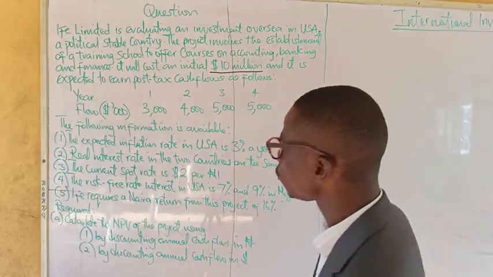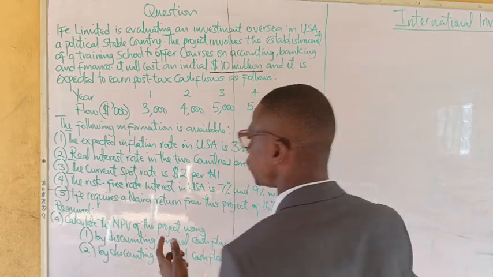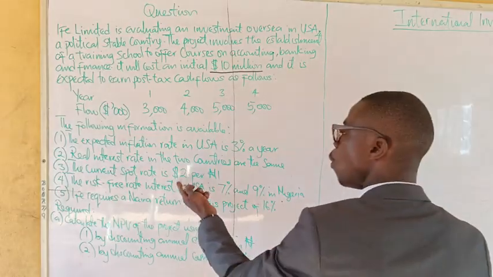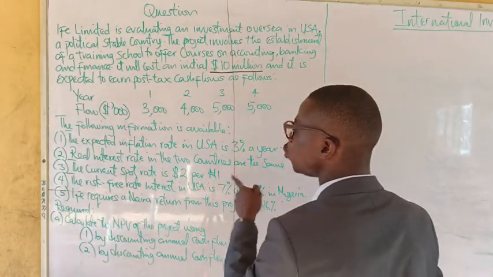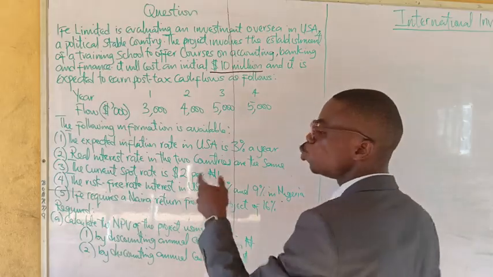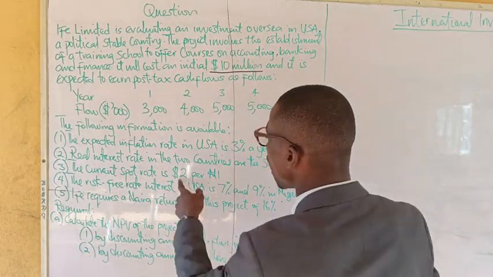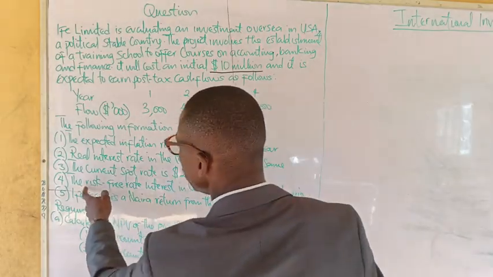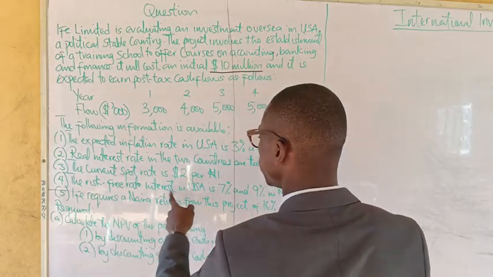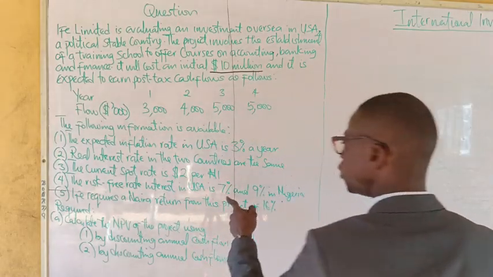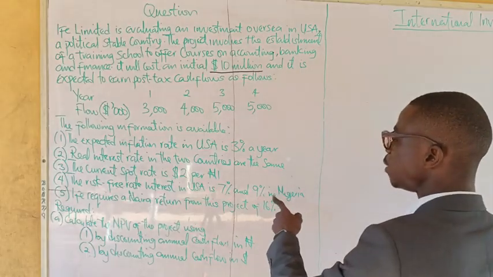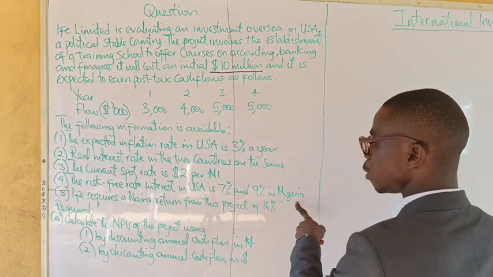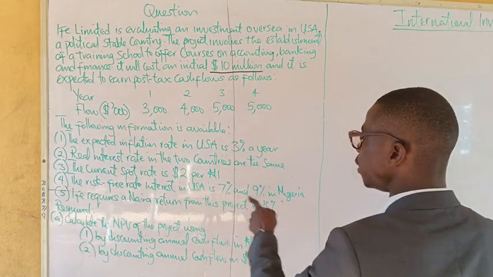The current spot rate is $2 equivalent to 1 naira. The fixed interest rate in the US is 7% and 9% in Nigeria.